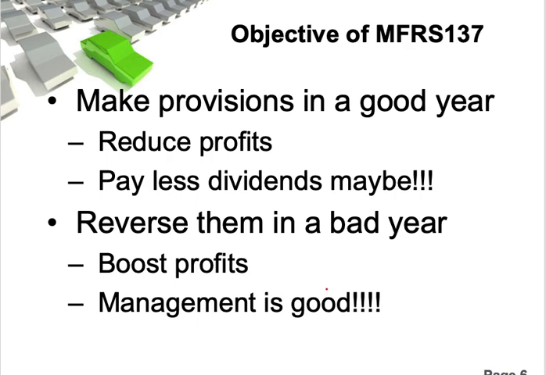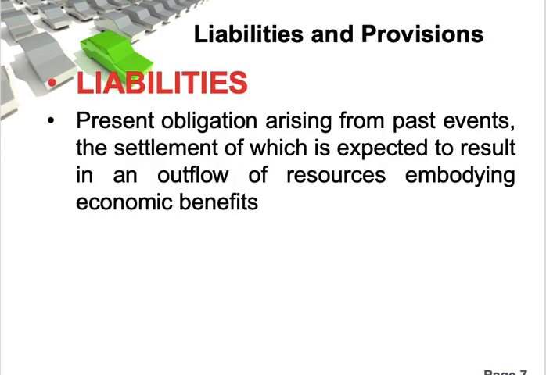If you try to avoid showing the provision or you try to delay the recognition of the provision into a later period, that means you are doing income smoothing. You try to be creative to adjust your real performance.